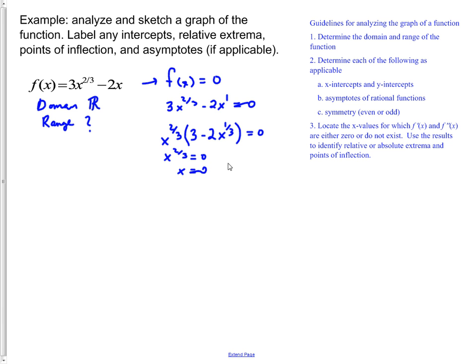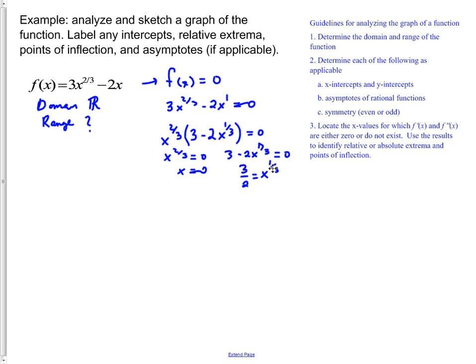And then another point where 3 minus 2 times x to the 1/3 is equal to 0. That's a fractional equation, but that's not too bad, right? Because we come out with something like 3/2 equals x to the 1/3 power.